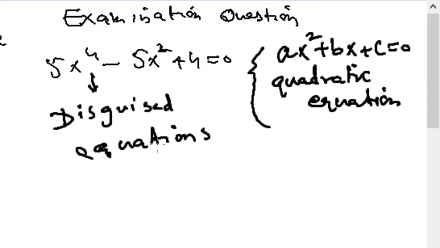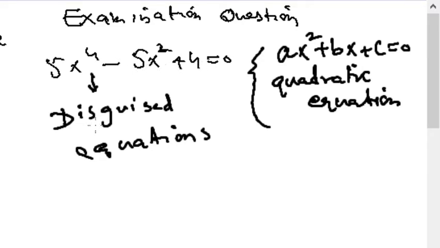Again, there are a few things you should understand. The first and very important thing is that the expression should be in order. The variable with the greatest power should be first, so 5x^4, then the variable with a lower power, then the constant.